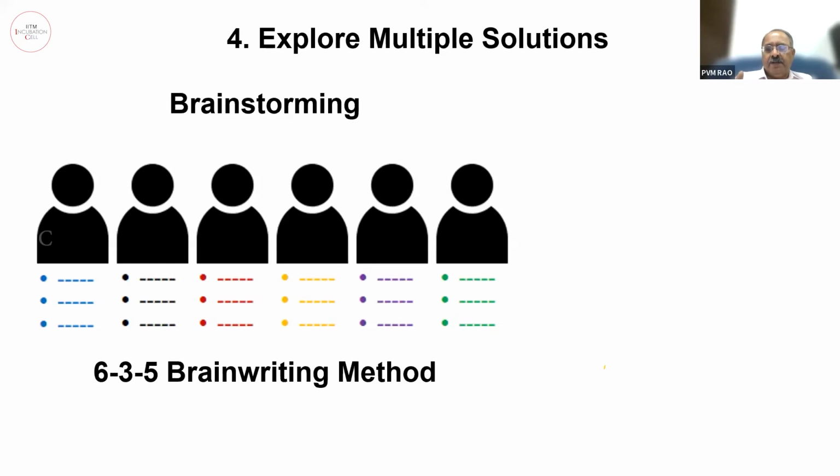Sometimes you may accept a solution without improvement, but often you can ask how the solution can be made better. And this process of iteration, where each of the 3 solutions from each of the team members goes to various people, and when you modify, you end up with more than 100 solutions. And that becomes a very large superset of solutions.